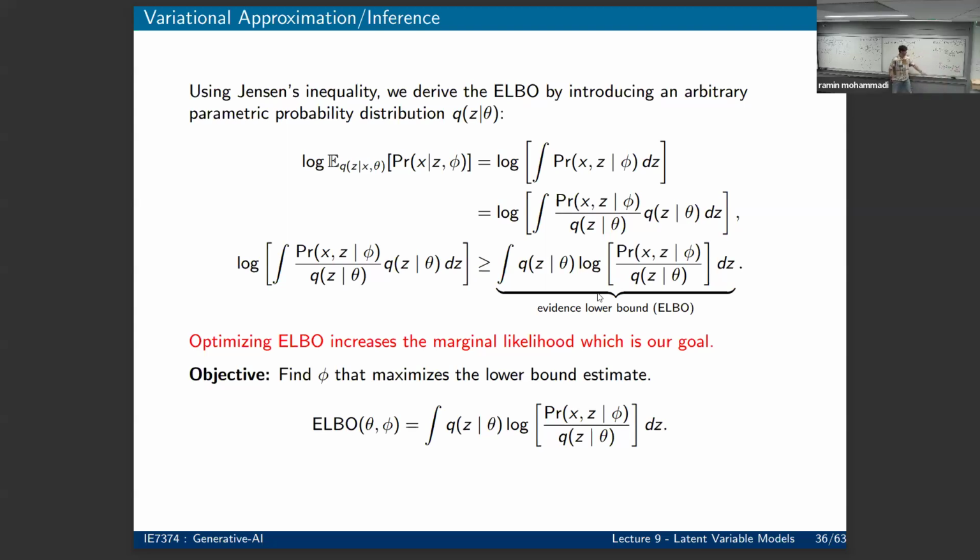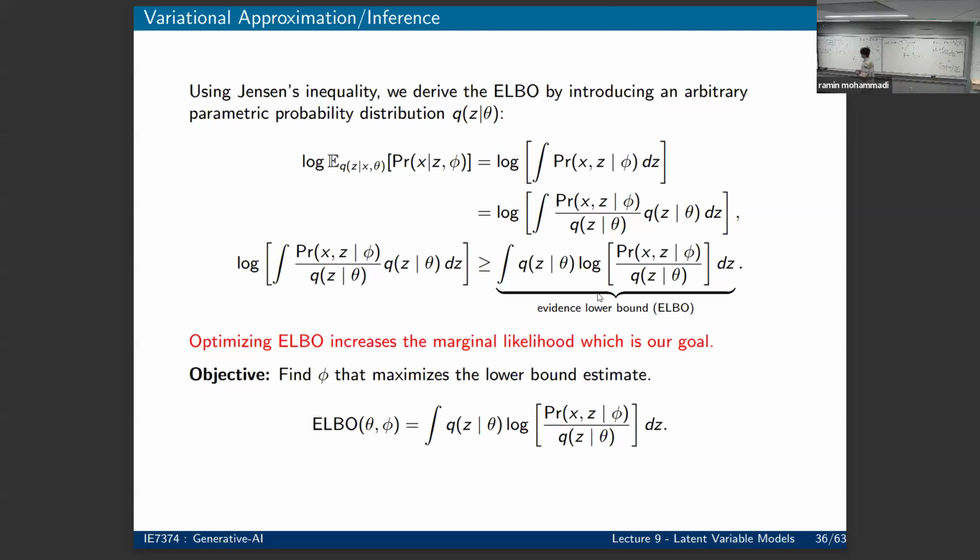This term is always greater than this term. That becomes the Jensen inequality. Instead of summation, sorry, this should be integration, since this is continuous. It's technically for one data point; we still have the summation over all of them, and for one data point it becomes an integration.